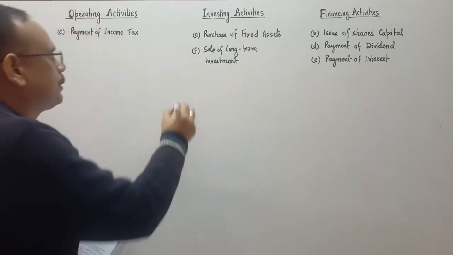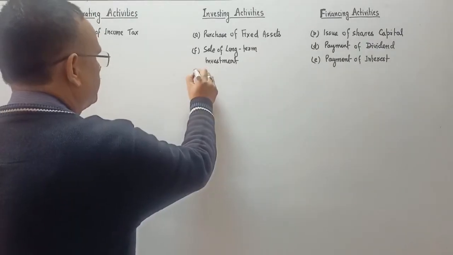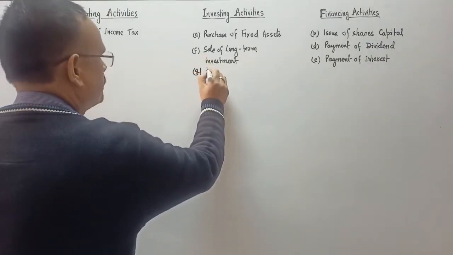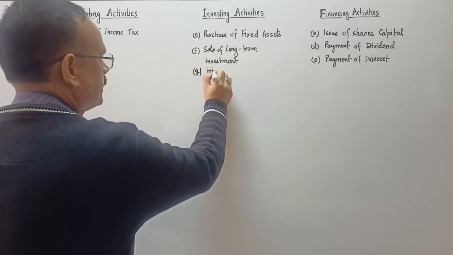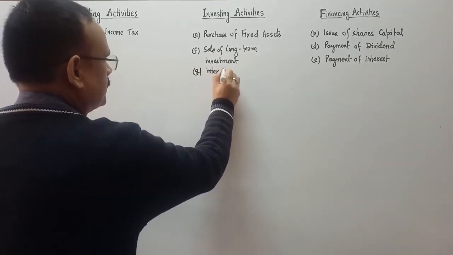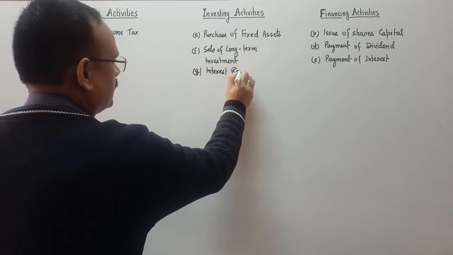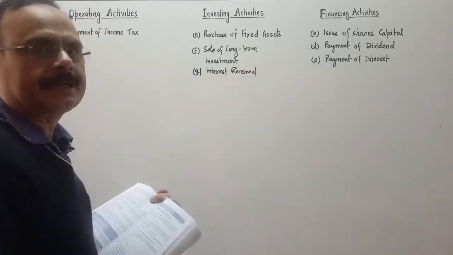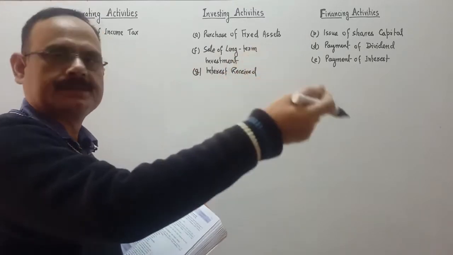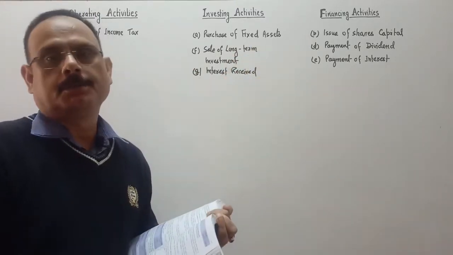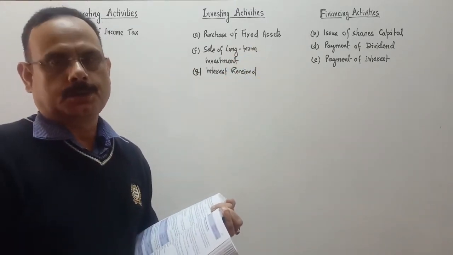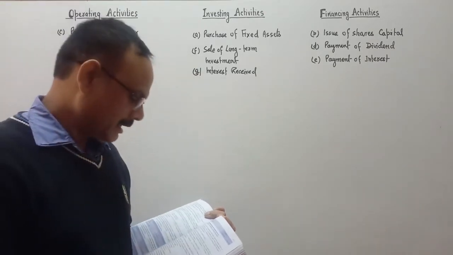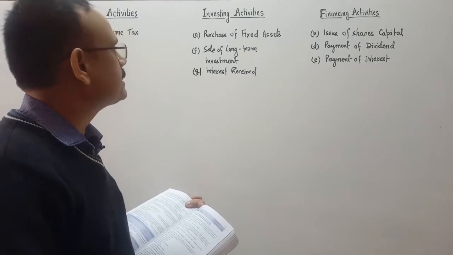Interest received, point number G, is also investing activities. Whatever amount we have invested in other companies' borrowings or loans, on that amount we get the interest, and that comes under investing activities.